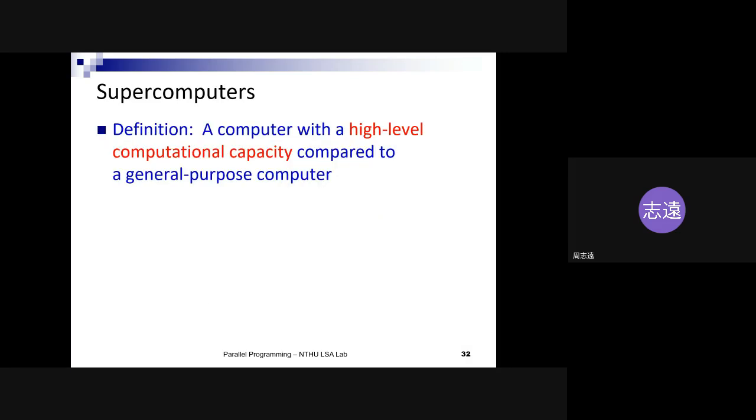So specifically, what is a supercomputer? It represents a certain type of parallel computer that is specifically designed for performance. Any computer that you design for the purpose of performance, you can say it is a supercomputer.